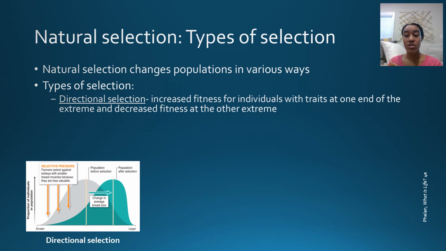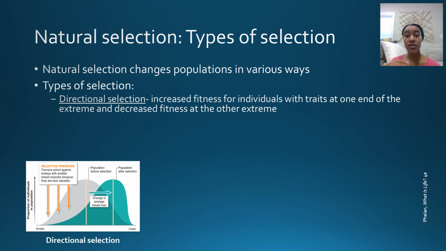In directional selection, you're really favoring one of those extremes, either the very, very slow or the very, very fast rabbit, but not both extremes, just one or the other. This will cause the population to begin to shift to favor only one of those traits. So as time goes on, let's say the fast rabbit is favored, you'll see more and more faster rabbits, and fewer and fewer slow rabbits. This is because they're not being selected for, right?